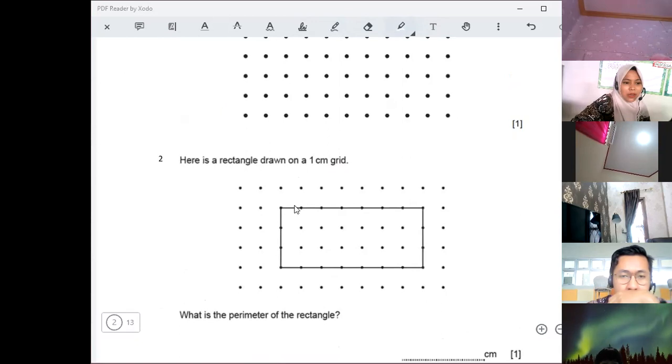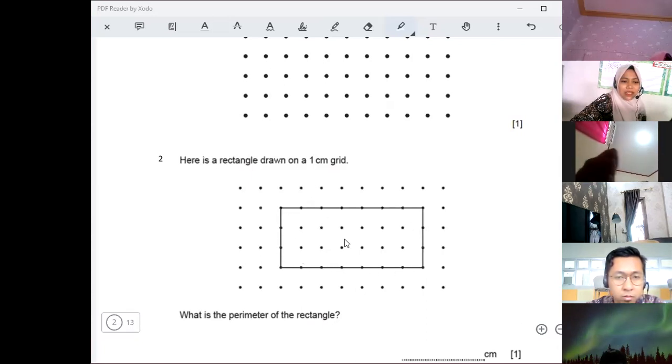For example, this one, 1, 2, because it is for 1 centimeter grid. So this one, 1 centimeter, 2 centimeter, 3, 4, 5, 6, 7, 8, 9, 10, 11, 12, 13, 14, 15, 16, 17, 18, 19, 20. So it's just something around this, yeah. Dicat benar, Miss. Berarti jawabannya 20, right?